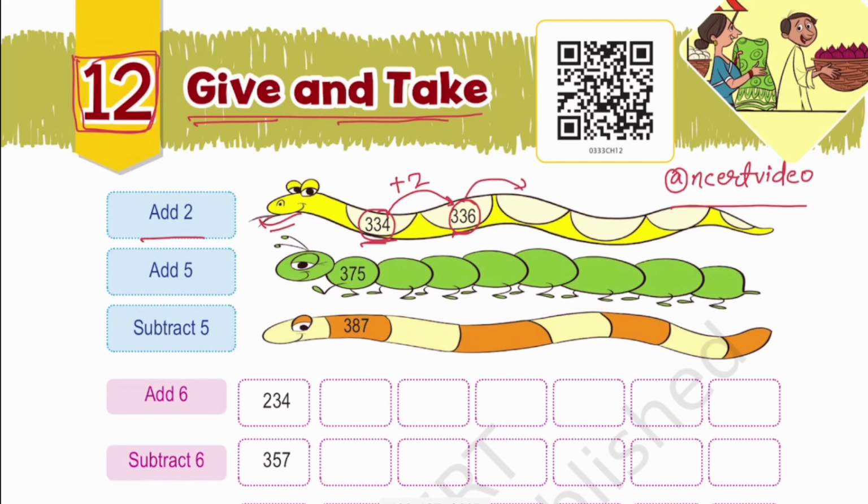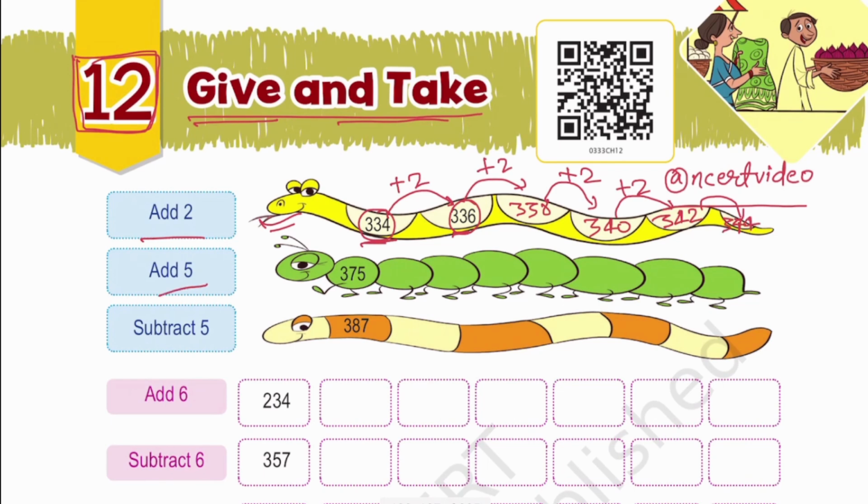Then if we again add 2, it will give 338. Similarly, if we add 2 again, it will give 340. If we add 2 again, you will get 342, and so on, 344.